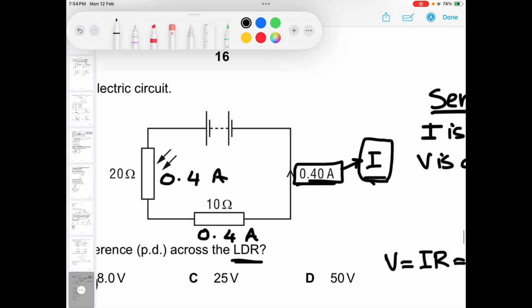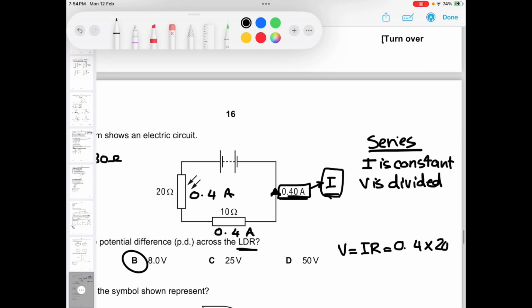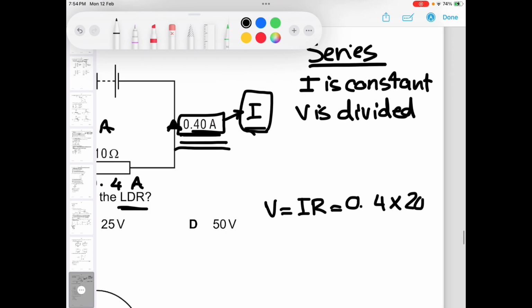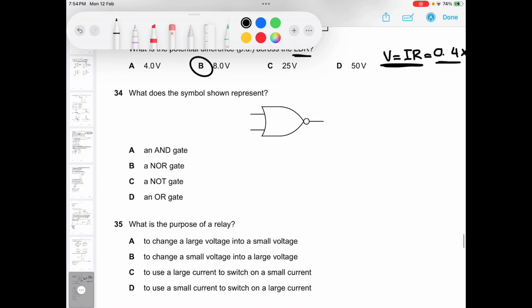Because the I is constant, this arrow showing the 0.4 ampere is basically saying that this is the current reading in this LDR. We use the formula V equals IR, this is Ohm's law. 0.4 times 20 is equal to 8 volt.